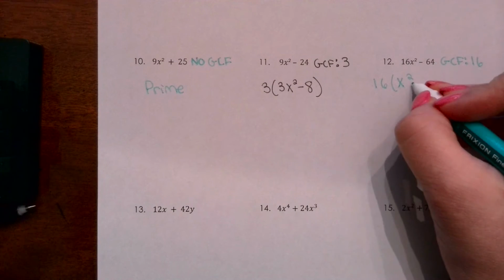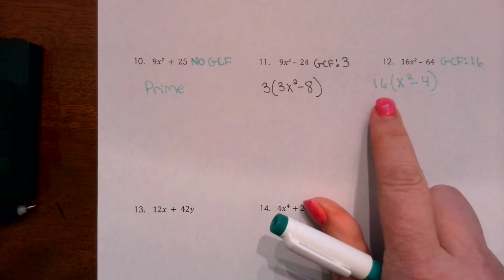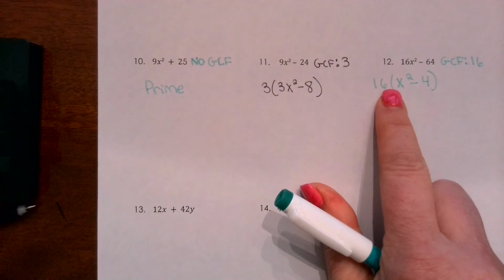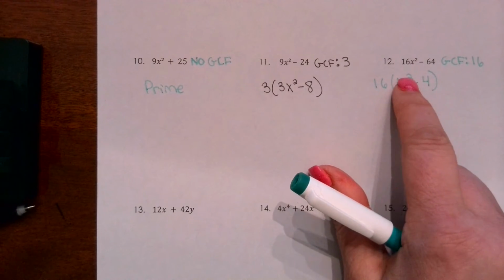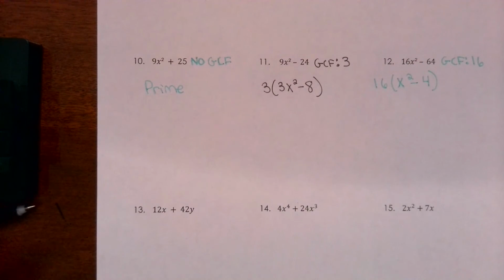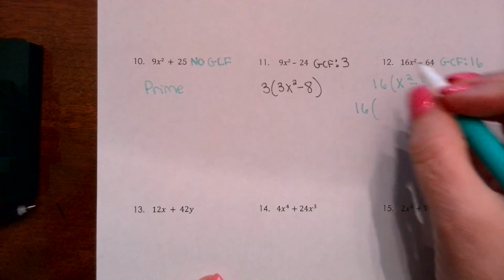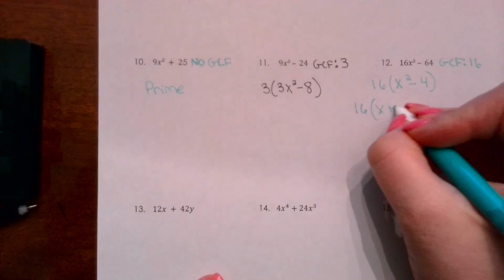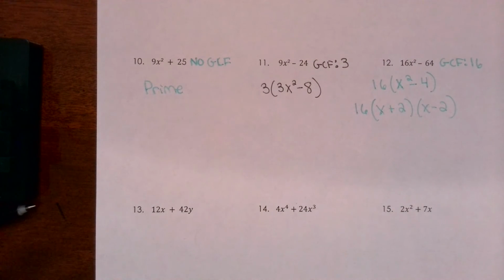So I'm going to subtract 4. Alrighty. So now, do I have perfect square coefficients? Yep, a 1 and a 4. Do I have even exponent? Yes. Do I have subtraction? Yes. This is a difference of squares. And I am going to simplify this. Square root of 4 is 2, so I've got x plus 2, x minus 2.